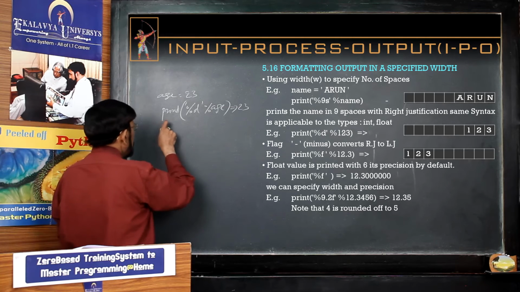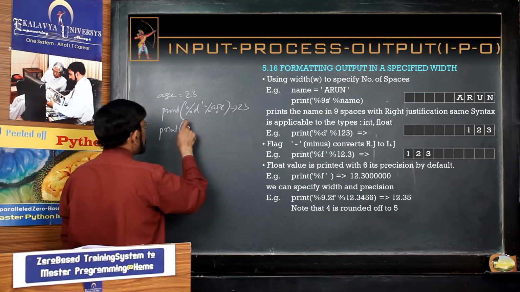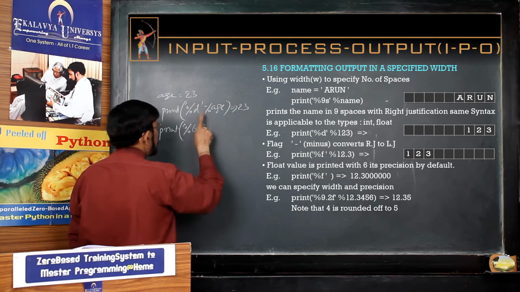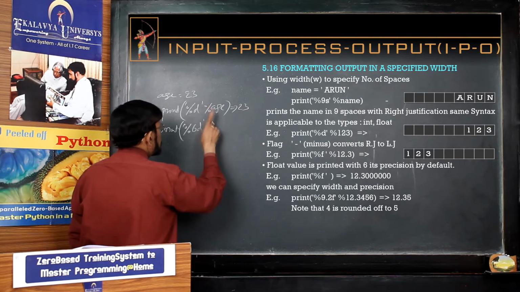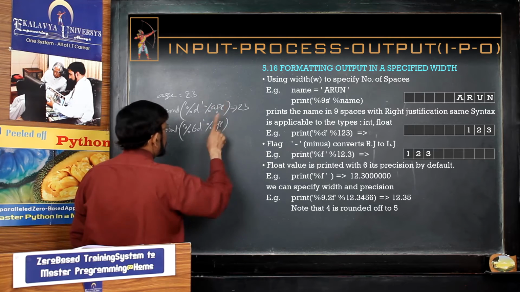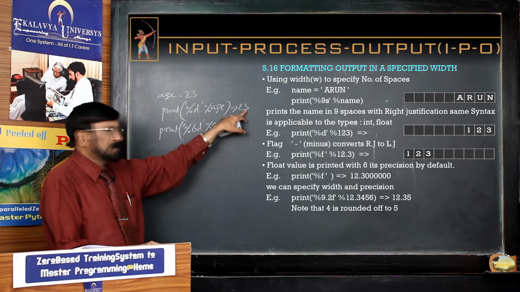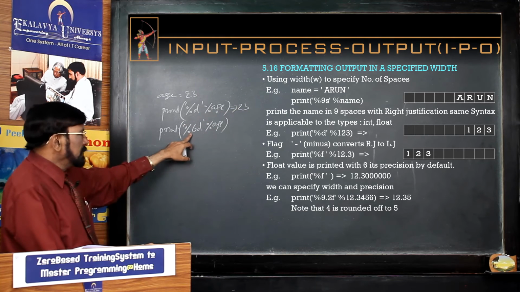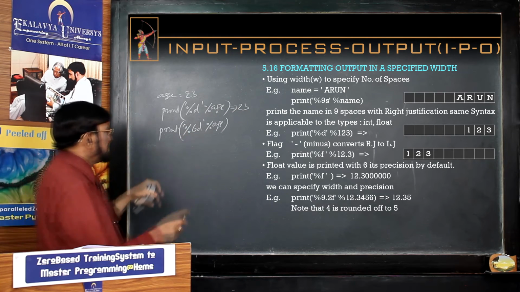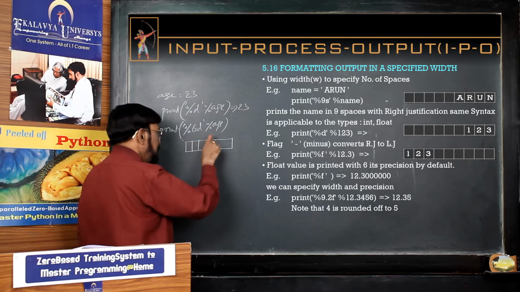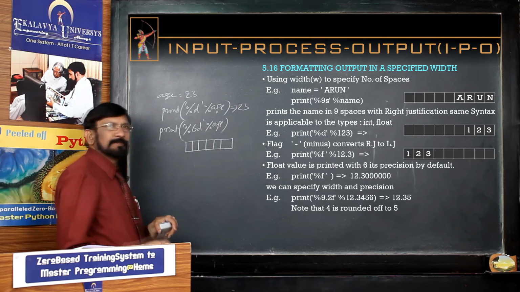Now you see, print %6d, then the age. What do I mean? Here two digits are there. Then what I mean is 6 spaces are to be allocated: 1, 2, 3, 4, 5, 6.